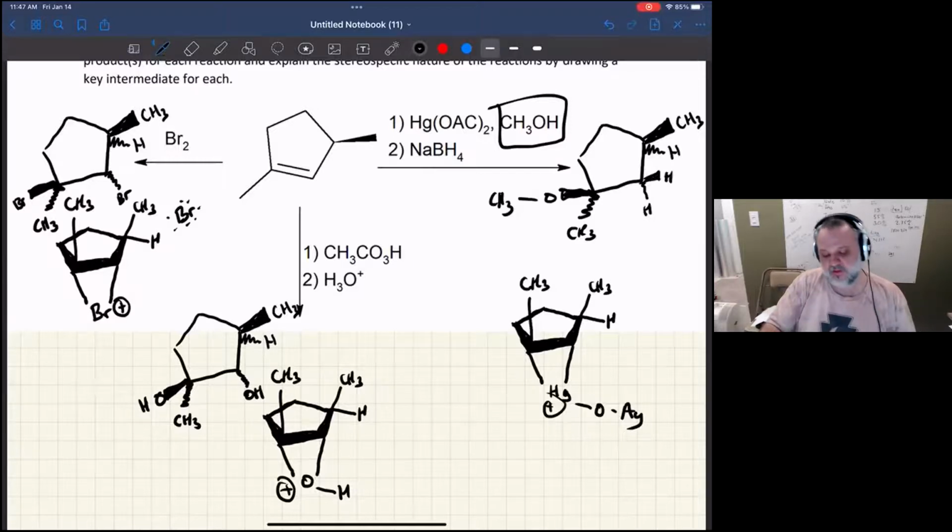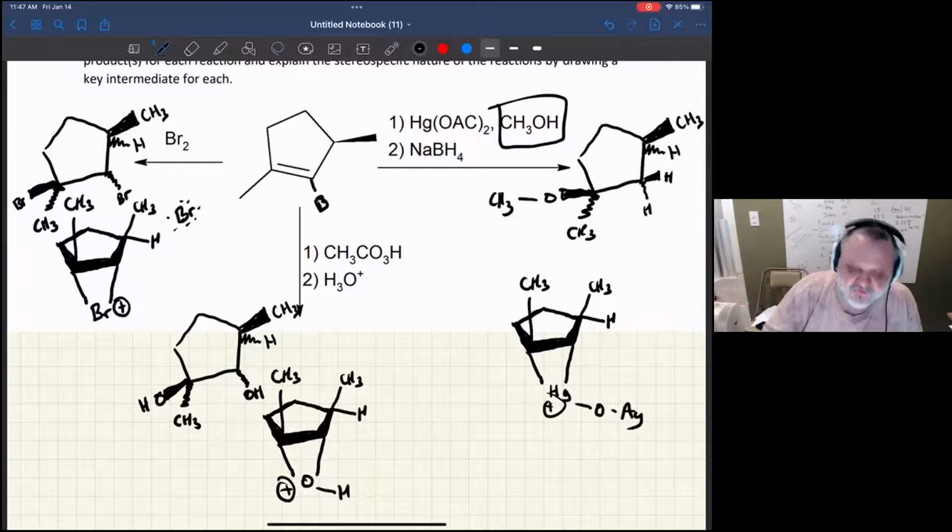and H. Now, I can show you this if I replace this with a deuterium. So if I replaced it with the deuterium, then I have a deuterium here. Instead of having a hydrogen, I have a D. So we would see that ultimately I'm going to have the hydrogen pointing down and the D pointing up.